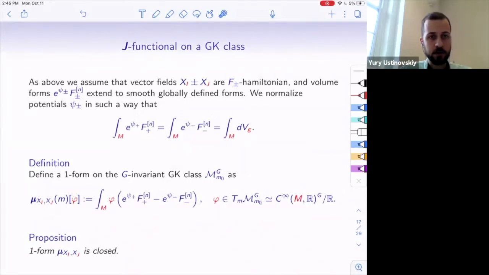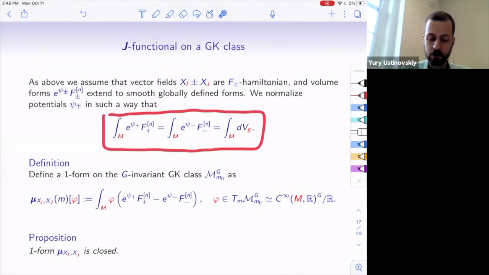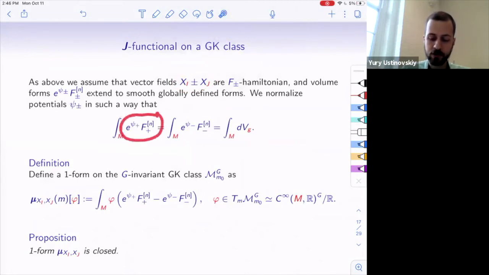And you impose certain normalization on the potentials. So as above, you assume that ξ plus or minus ξj are f plus or minus Hamiltonian. You choose potentials which are normalized in a certain way, and you assume that these volume forms extend to smooth volume forms over M. And in this case, with this data, we define a one form on the G-invariant generalized Kähler class by this formula.